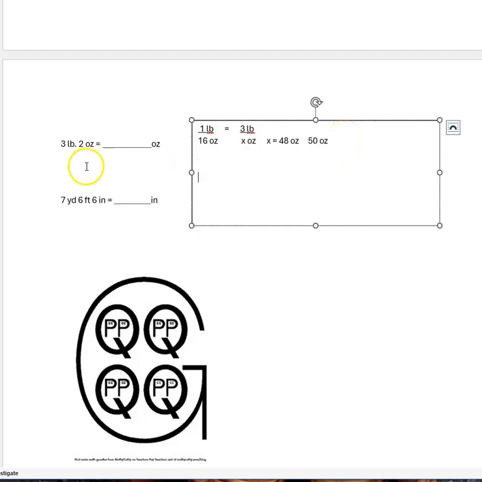Okay, the other one, I'm going from yards and feet to inches. I showed you the other night in class before the test changing yards to feet and then feet to inches, but you can change yards directly to inches. If you know that, you would have to know that exact formula.